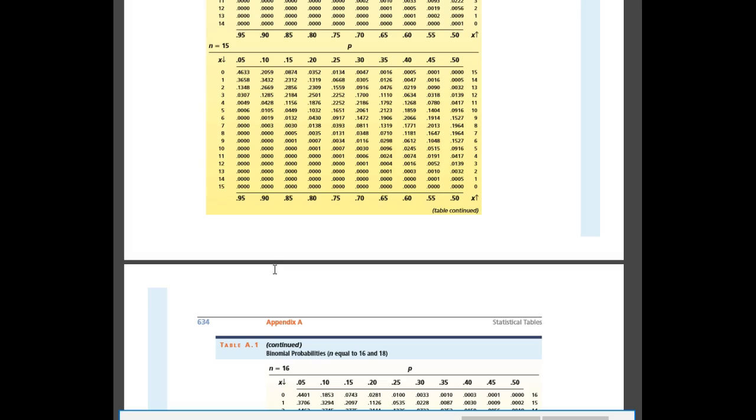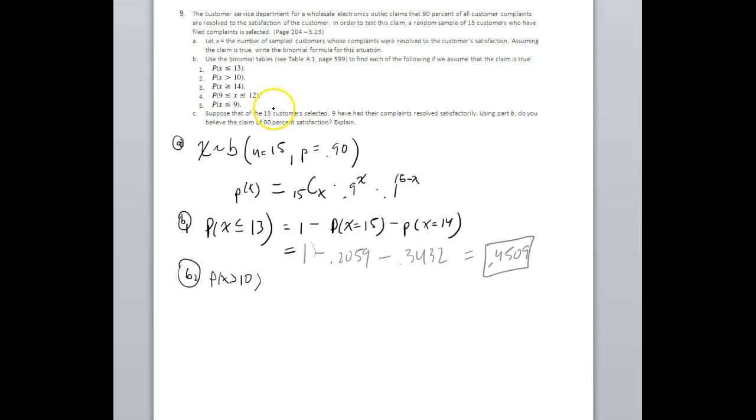Well, we have a lot of very small values for less than 10, right? So if we're referencing from 10 over here all the way on over, 10 is 0.0105 all the way on down here. So I think it would make sense to just say 1 minus less than or equal to 10, right?